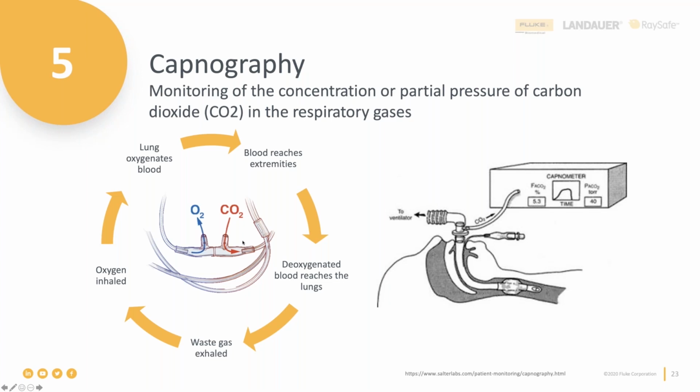It starts with oxygen being inhaled into the body. That oxygen then goes into the lungs, which then allows for the blood to get that oxygen. That blood then reaches the extremities and basically transfers the oxygen to those cells and takes the deoxygenated blood back into the lungs, where waste gas is then exhaled and the process starts over again.